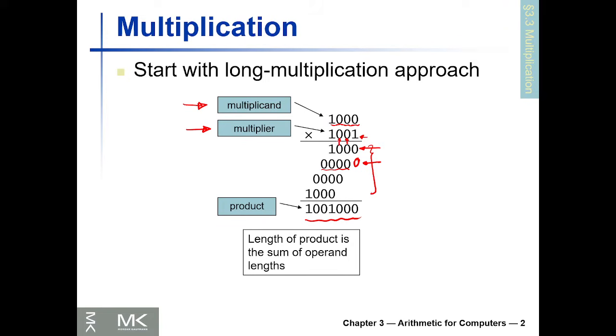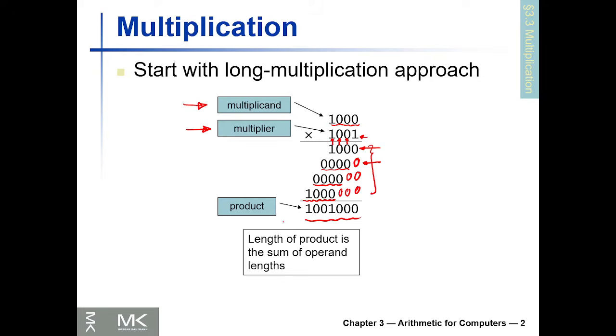Then we go to the third bit, but now we shift 2 bits, so 00, and again 0 multiplied by 8, which is 1000, will give us again 4 zeros. Finally we have 1 again, but now we have a 3-bit shift, and 1 multiplied by 1000, which is 8, will give us 8.